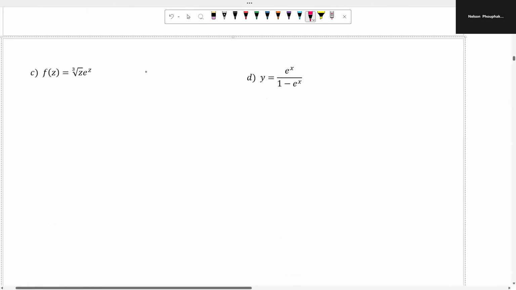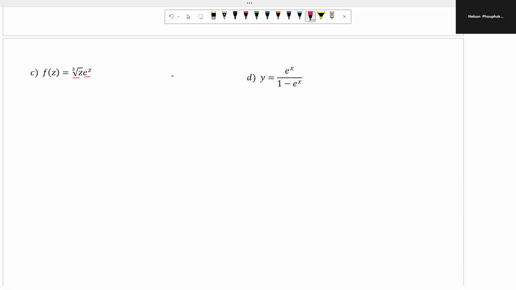So again, to this one right here, I still have two terms. So therefore, in this case, before I work with the product rule, maybe let me rewrite this into z to the power of 1 over 3 times e to the z, right?